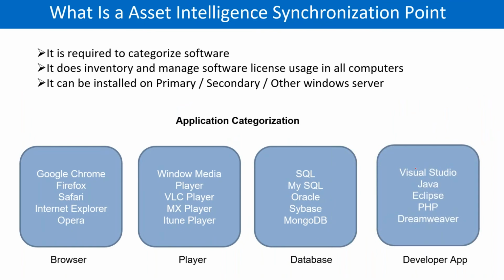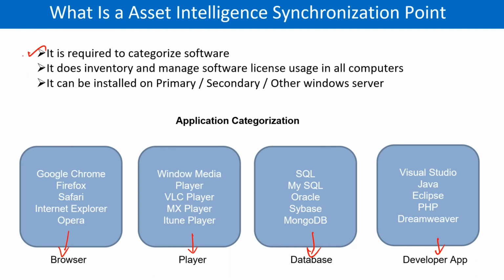Then we have asset intelligence synchronization point. It is needed for categorization of software. Let's say you have thousands and thousands of software installed on your computers. It can categorize software like this: some software falls under browser category, some under player, some under database, some under developer category.